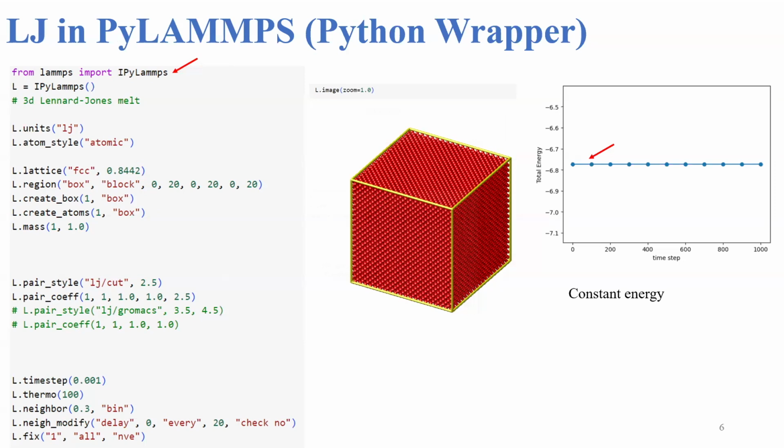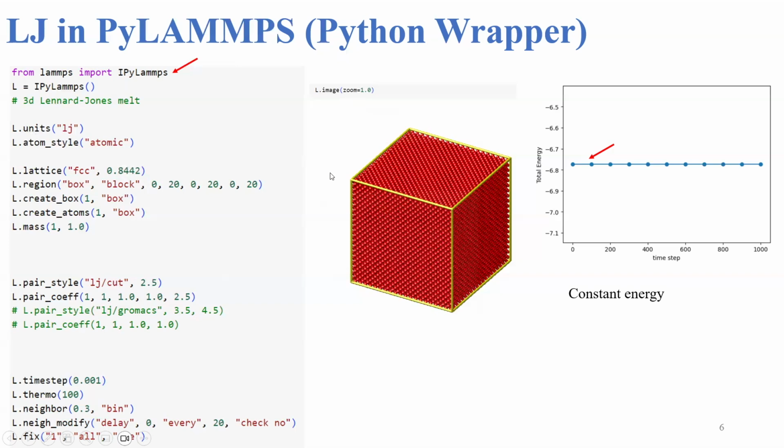You can initialize PyLAMMPS as an empty object, like we learned in the coding class, and then start adding units, atom style, lattice, and so on that we defined. These are basically the same information we wrote in the previous slide, but in a Pythonic way.